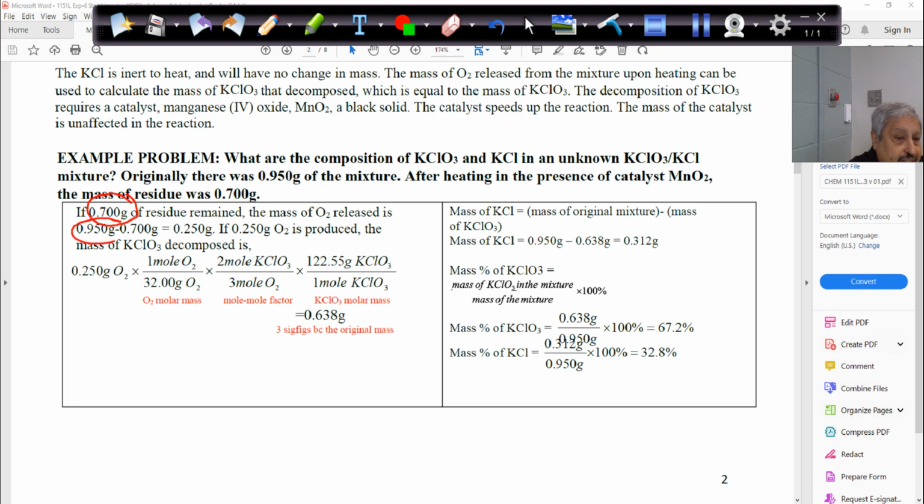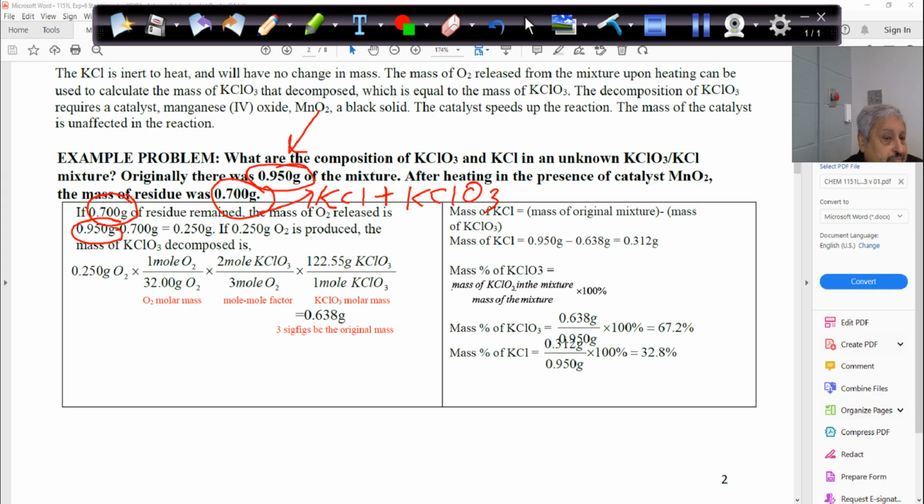So this is what they started out with. In our example we start with 2.0 grams. After heating, the residue came out to be this. The residue is KCl plus leftover chlorate, correct? This is the residue here, both of them.